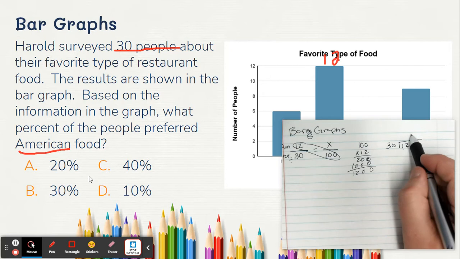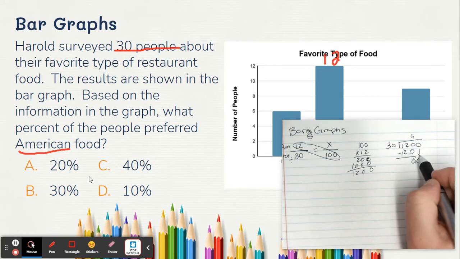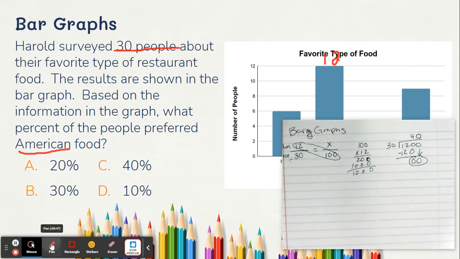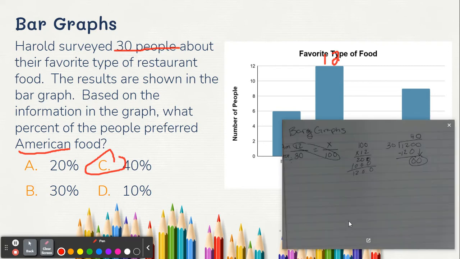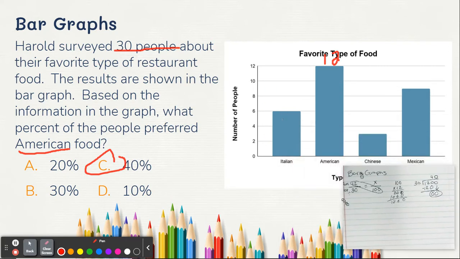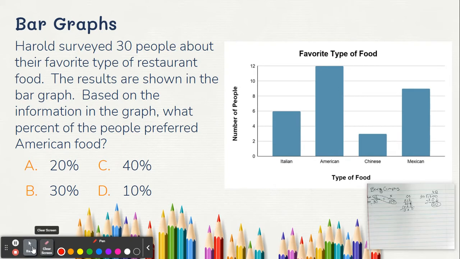It goes 4 times, because 4 times 0 is 0, and 4 times 3 is 12. There's a 0 still left, so I need to put a 0 at the end. So my answer is 40, so 40% of the 30 people surveyed like American food. Okay, that's all we got to do. Let's go on to the next one.